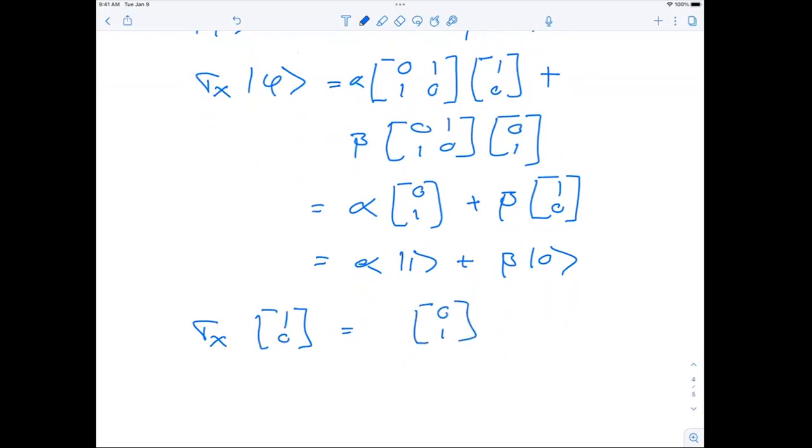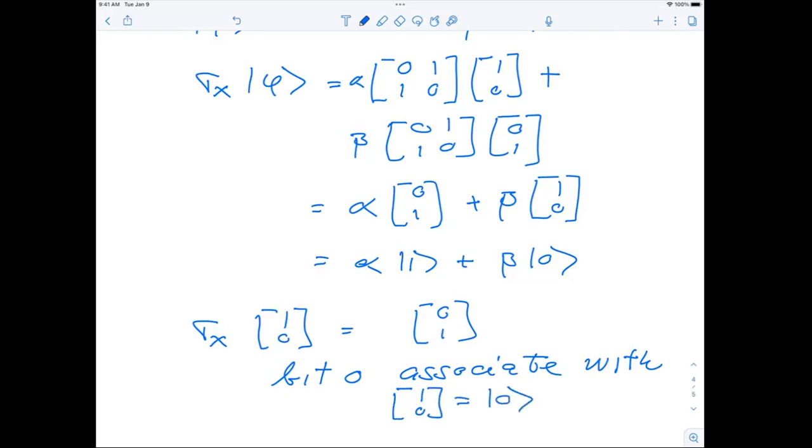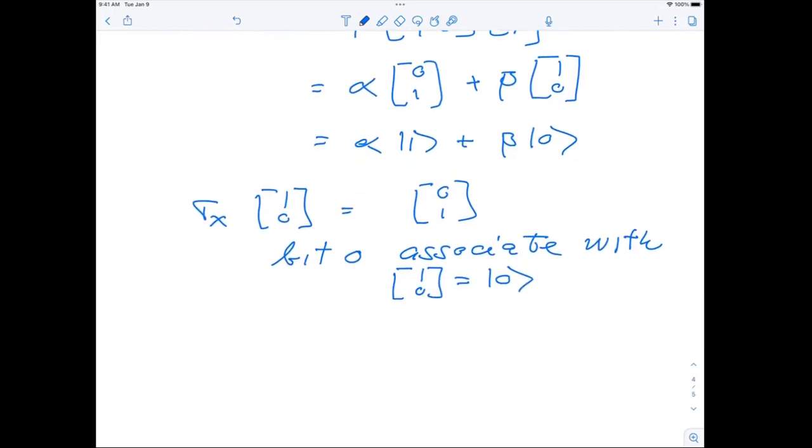So if we think of bit 0, and we associate that with one, and this is basically the definition of qubits, with that specific quantum mechanical state (1, 0), which we have also labeled as 0, then we can think of this as a bit flip.